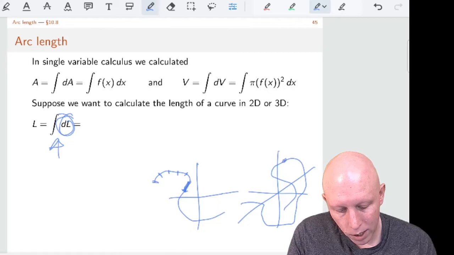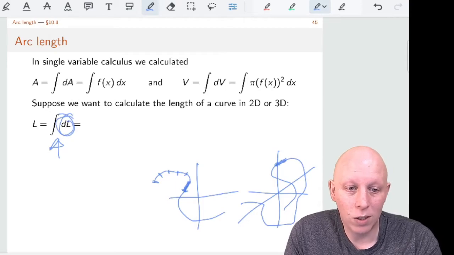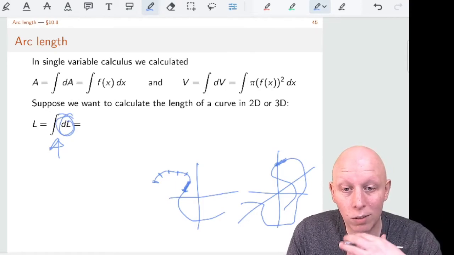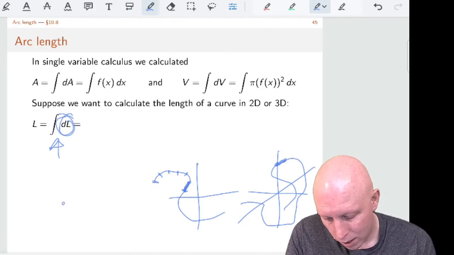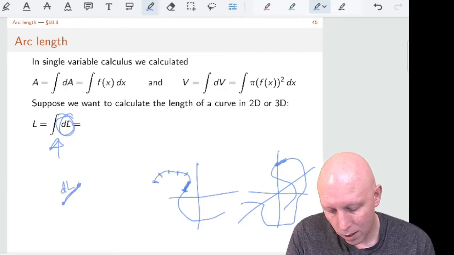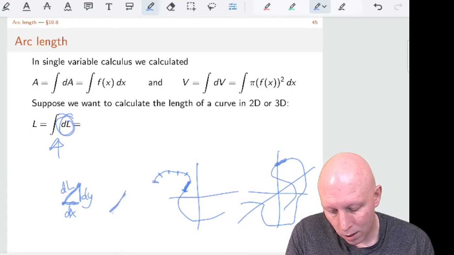And so you'll see that the formula that we come up with is going to look the same whether we're in 2 dimensions or in 3 dimensions. We're basically going to say, if we're just looking at this little bit of length, dl, there's some change in x and there's some change in y. Or if we're in 3 dimensions, then we have this dl, we've got some change in x, some change in y, and some change in z.